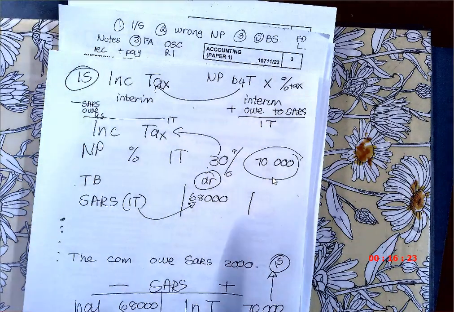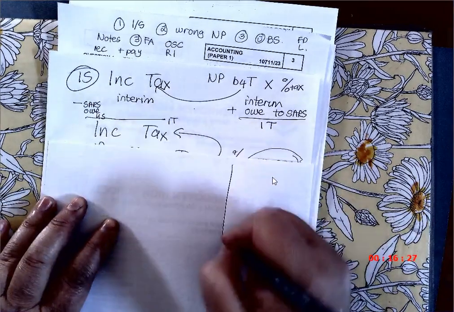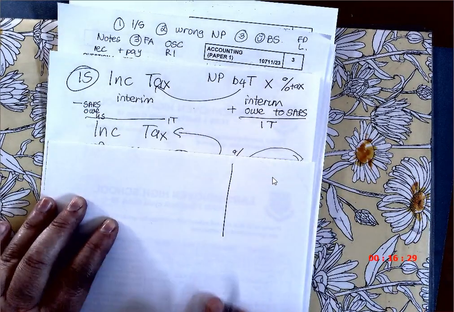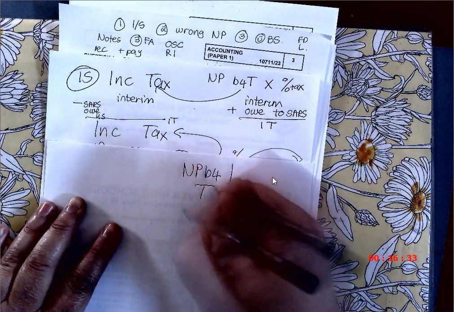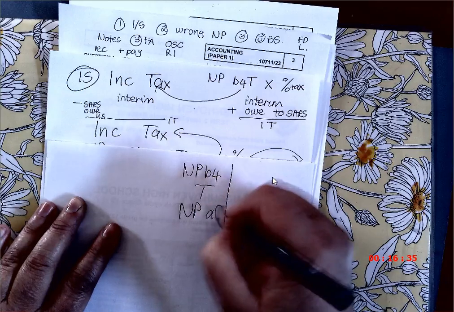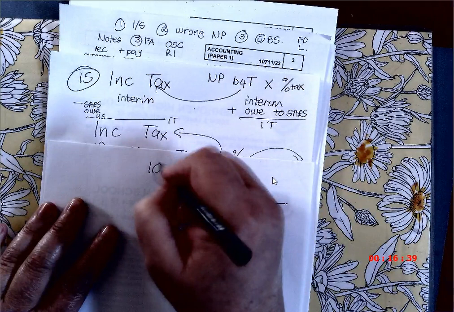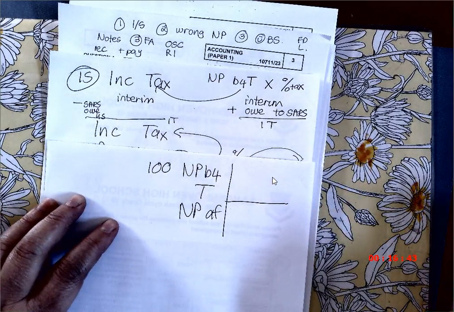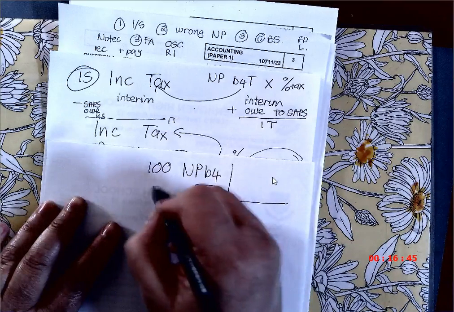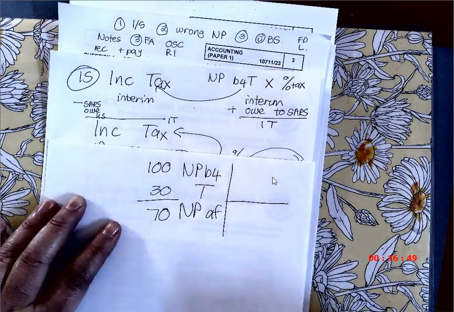Now when it's a percentage, I always need to remember, in my income statement, I have net profit before tax gives me net profit after tax. The before is always the 100. 9 out of 10 times the tax is 30, which gives me net profit after is 70.